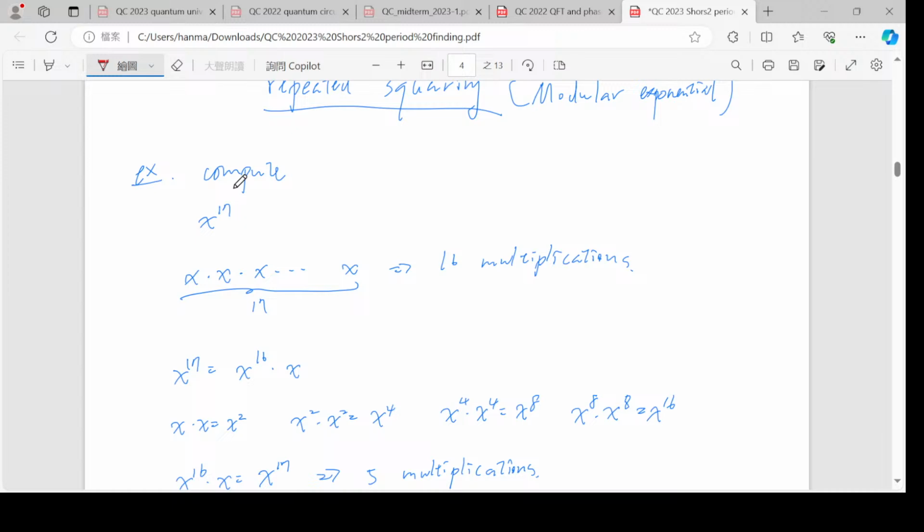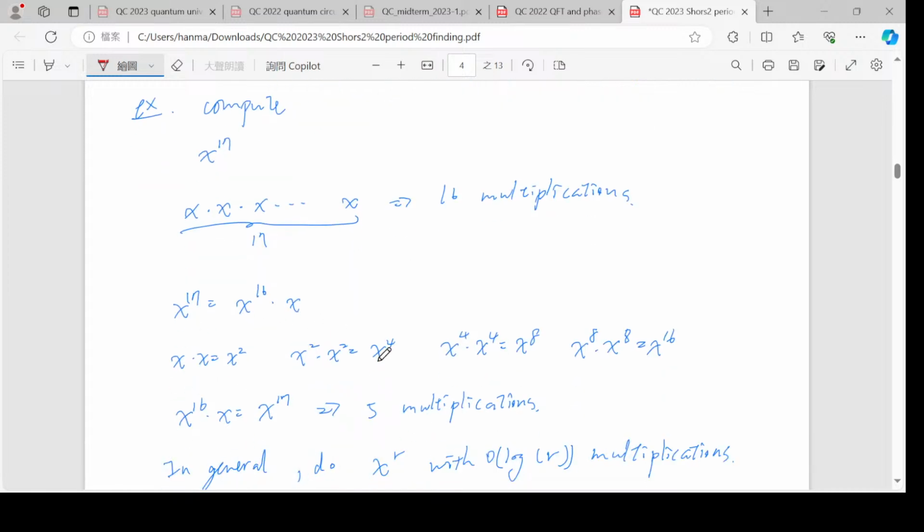So basically we write 17 as a binary representation. We have 17 equal to 16 plus 1. So we just want to multiply x16 with x1. Then for this x16 part, we don't actually need to do 16 multiplications. We do x multiplied by x equal to x squared, x squared multiplied by x squared equal to x4, then x4 multiplied by x4 equal to x8, and x8 multiplied by x8 equal to x16.